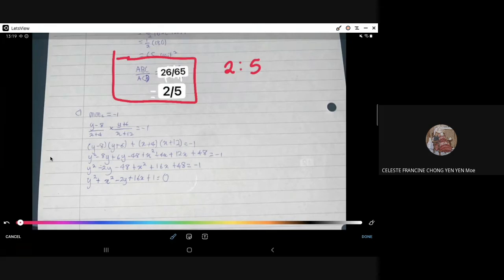So we plot in. Y minus 8 over x plus 4 times y plus 6 over x plus 12 equals to -1. And then we multiply it together, we simplify it, and then we will eventually get y square plus x square minus 2y plus 16x plus 1 equals 0.